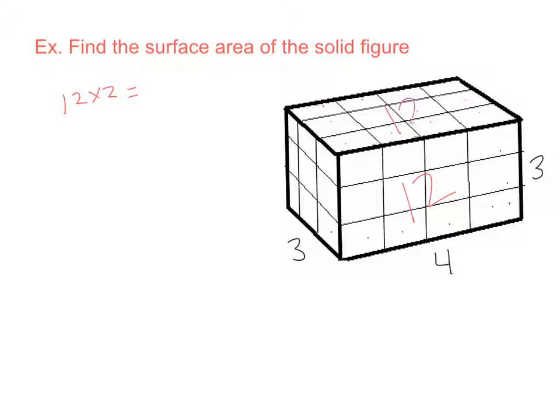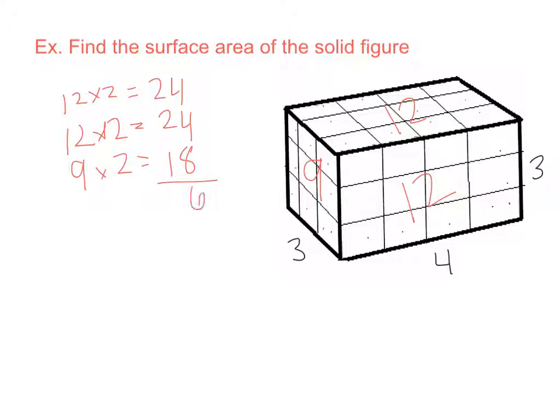Ooh, so the top and bottom are also 12. So 12 times 2. And then my bases, I have 2 of them, remember? I have this side, and then what I can't see back here. That's 1, 2, 3, 4, 5, 6, 7, 8, 9. So 9 times 2. So 12 times 2 is 24, plus 24, plus 18.